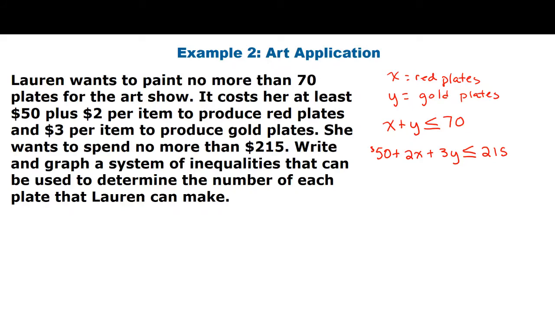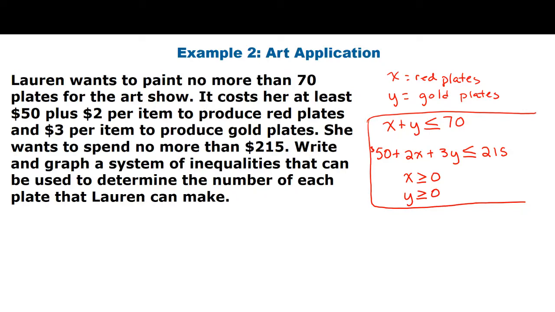All of these should have dollar signs on them, but I'm not going to do that right now. There are actually 2 more inequality statements we could make. She is going to make red plates, so x has got to be greater than or equal to 0. And y we want to be greater than or equal to 0 because she's not going to make negative plates. So here we have 4 inequalities.